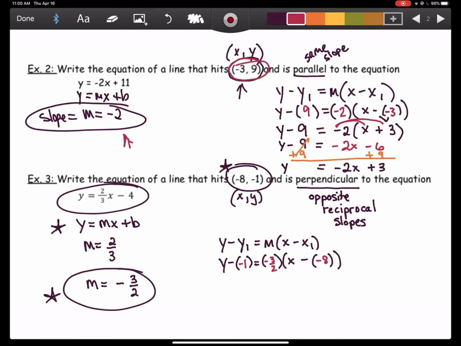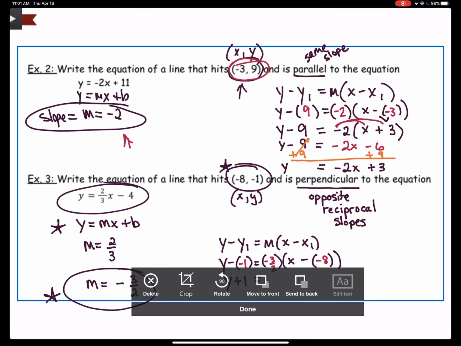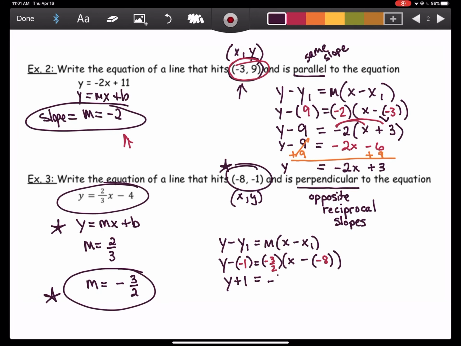So again, watch your signs. Take your time. I get, on the left side of this, y plus 1. Then I get -3 halves, open parenthesis, x. And again, now I have minus -8.